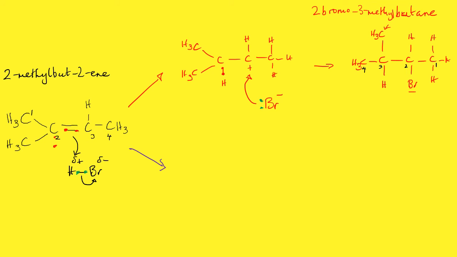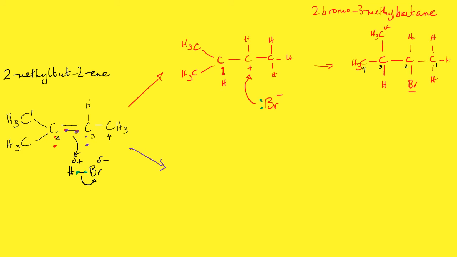But this time, let's overwrite the two red electrons with purple electrons, because they are going to instead stay with this carbon and form a new hydrogen there. In which case, we get a carbocation that looks like this.